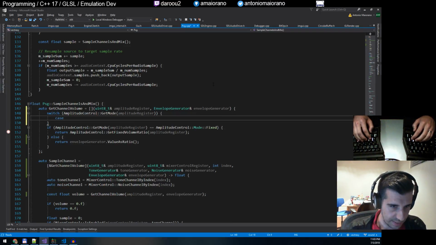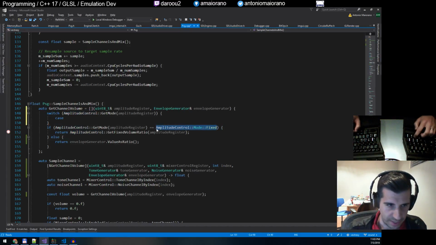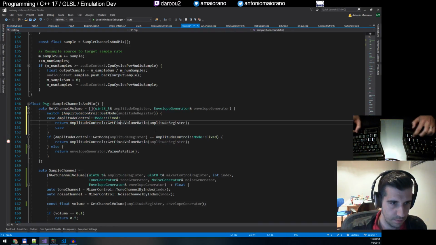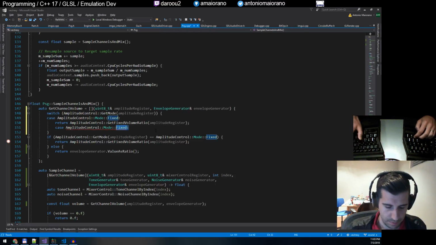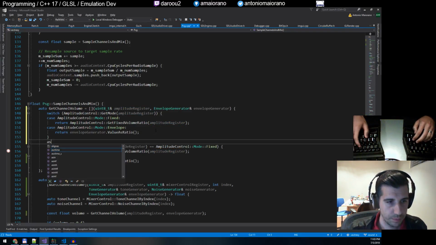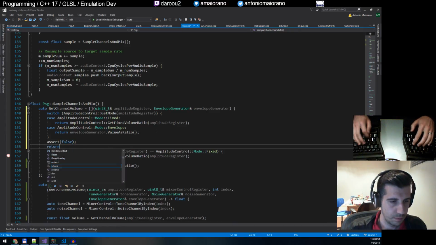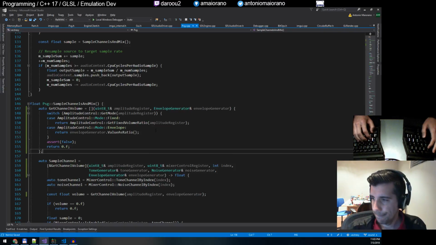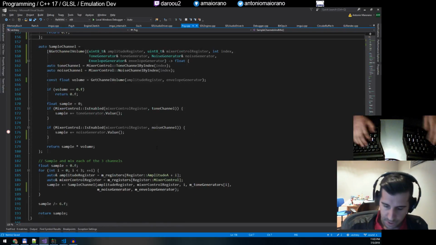In cases like this, I prefer to use a switch statement because I think it'll be more clear. All right.